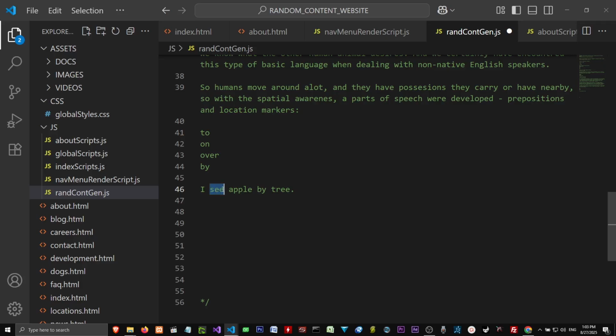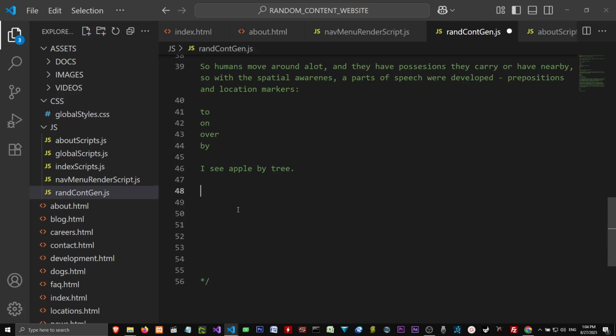We have a verb, see, because we need to look around to find food. We found the subject, apple, and then by is the location marker, and then tree is the object. And so I need to survive. I see apple by a tree. I'm going to go pick it up and eat it.